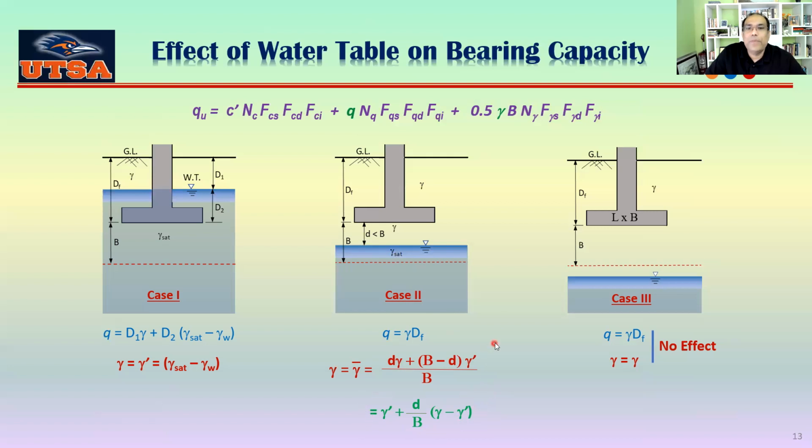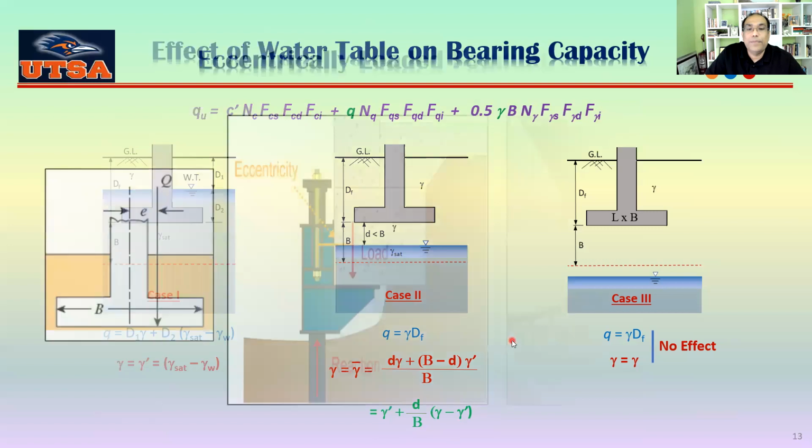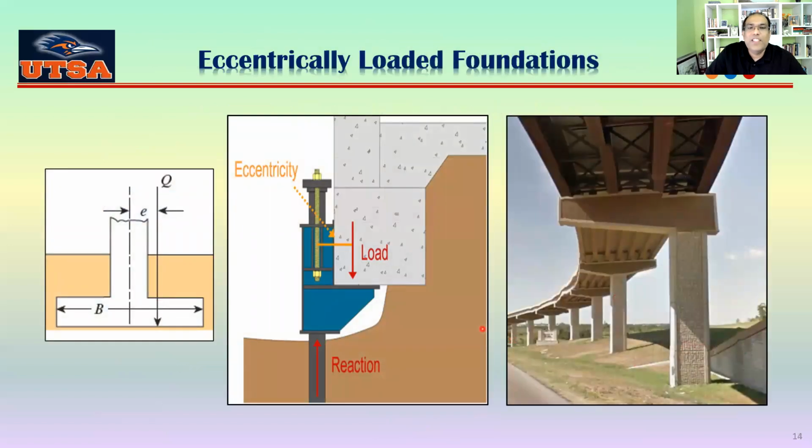Okay, now let's move forward. Eccentrically loaded foundation. You can see here in that case, the column is here, but the load is actually coming here. Okay, so it's not aligned, so it's creating some moment. That's called eccentricity. Similarly, here you can see this is the support here, and the load is coming here.